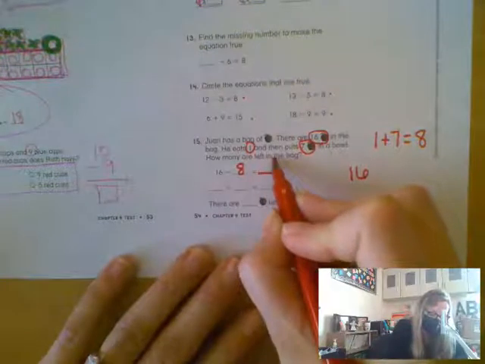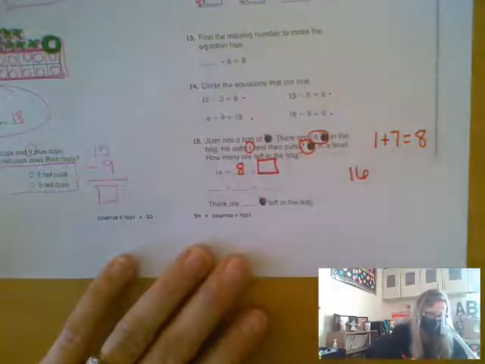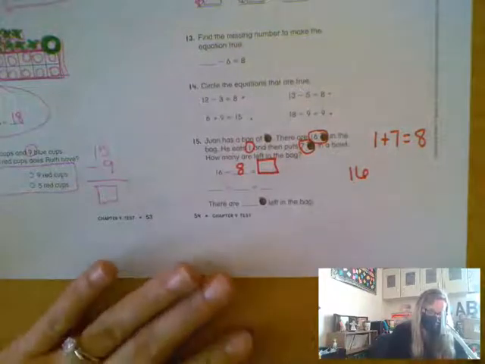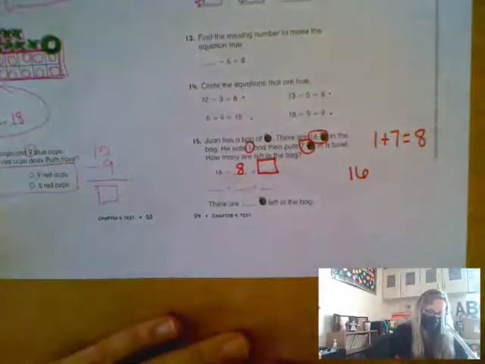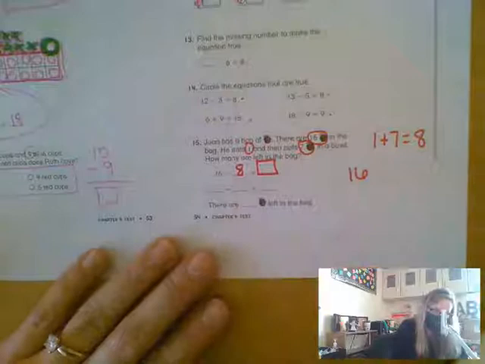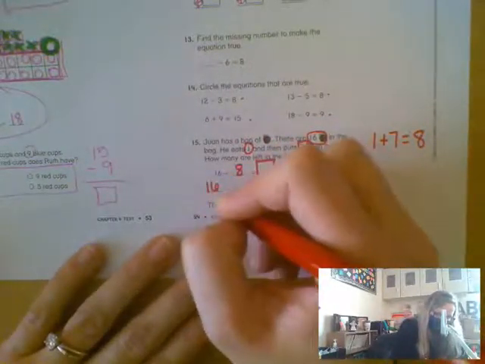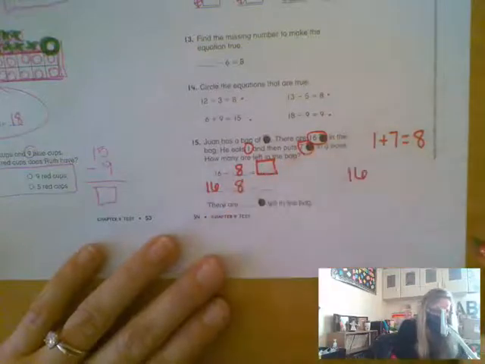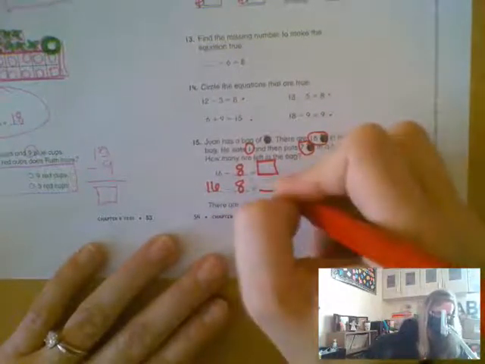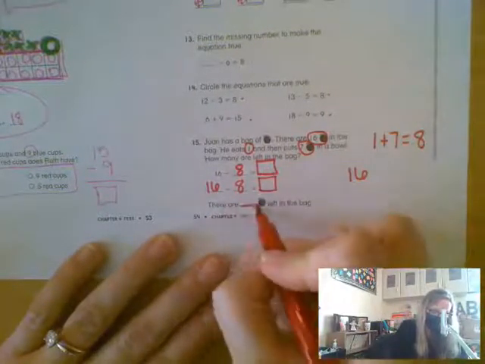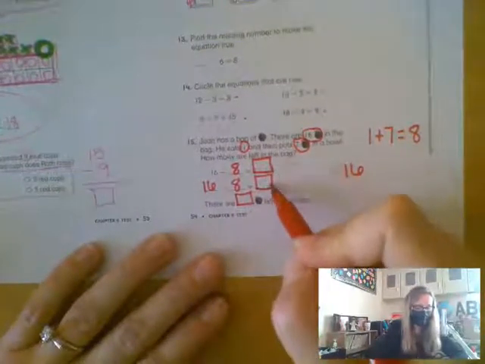So that answer should go here. Okay? And then we can say 16 apples minus the 8 that he took away equals that same number here. And then how many are left in the bag? Put the same number. Bing, bang, boom.